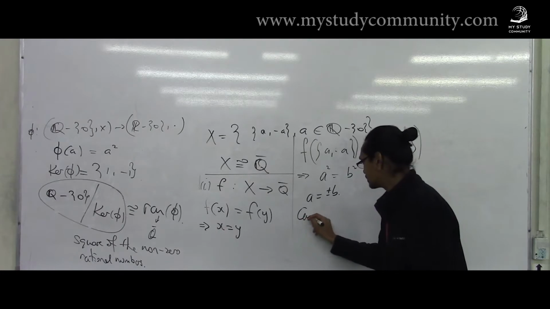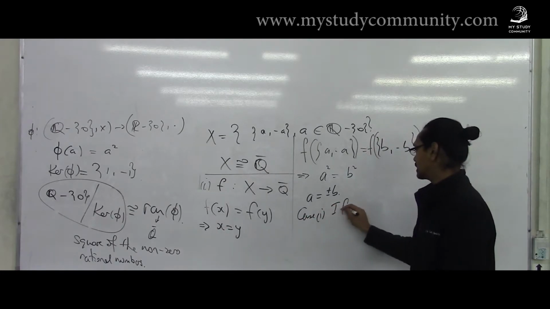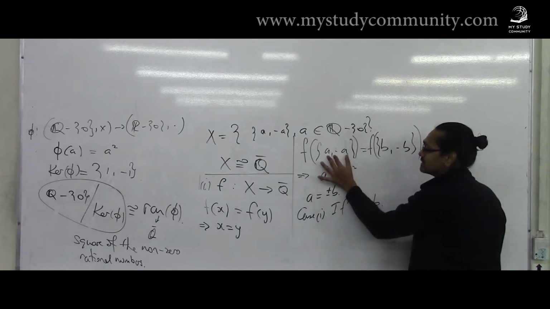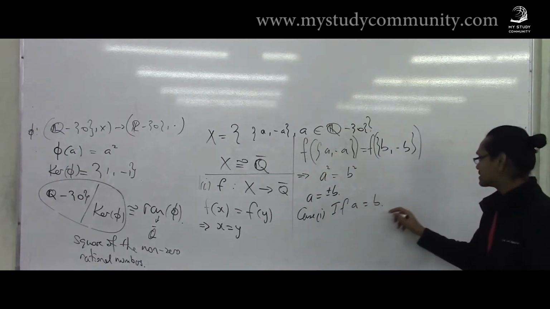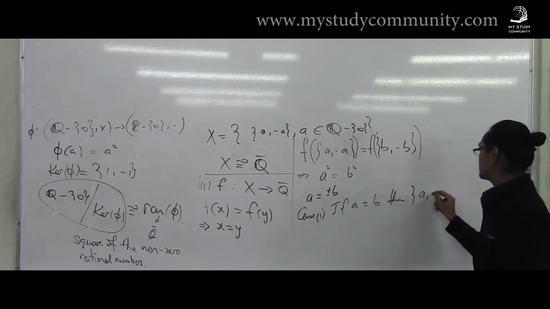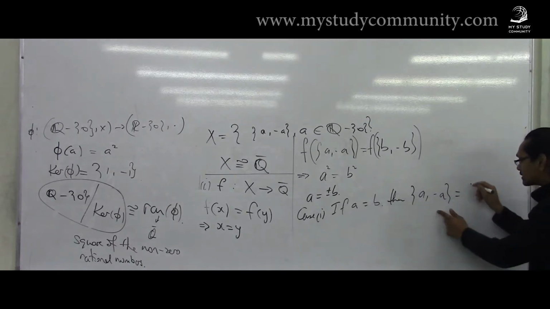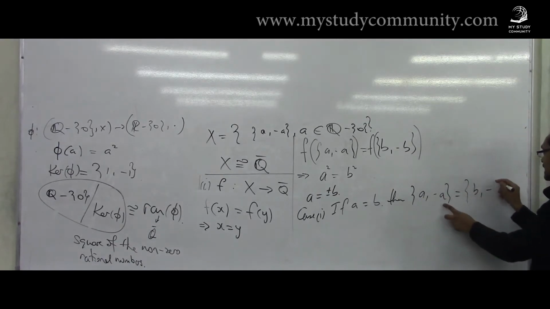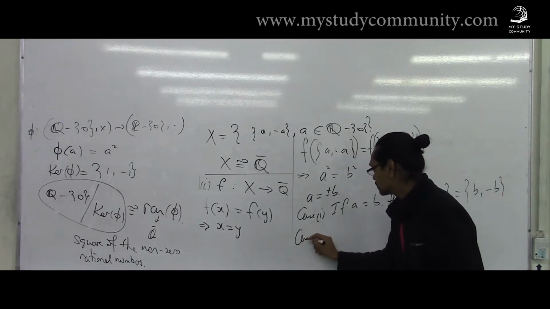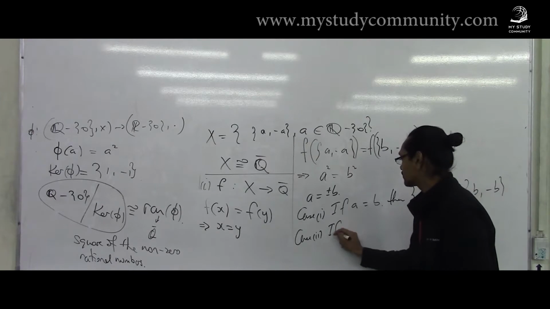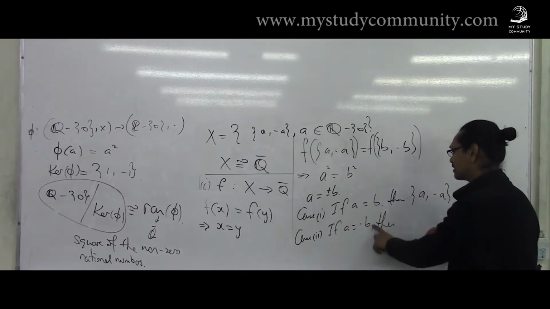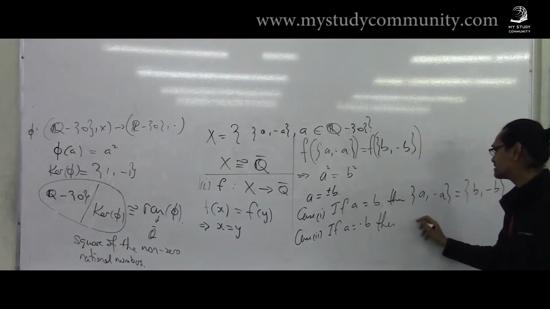So in case 1, if A equals B, then remember we need to take this element. A negative A is equal to B negative B, which is fine. Case 2, if A equals negative B, I know it's baby steps I'm going through with you all, but I just want to do it for completeness, because it's really simple.